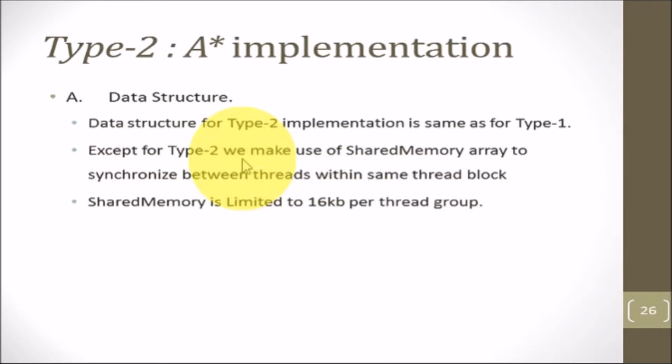Now let's see the type 2 A star implementation. So as I mentioned earlier, the data structure for the type 2 implementation is the same as type 1, except that for type 2 we make use of a shared memory array to synchronize between threads within the same thread block. So we will see in a moment what this exactly means, but for now let's just know that shared memory is limited to 16 KB per thread group.